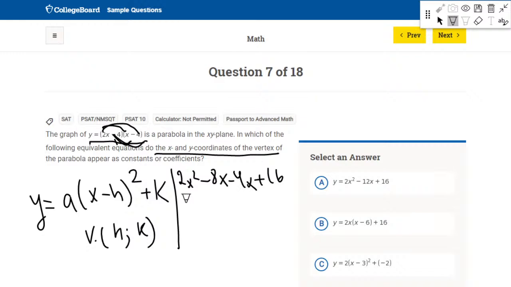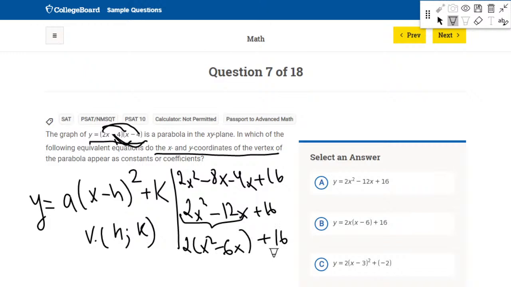So we get 2x squared minus 12x plus 16. So I see this, so I will write it like 2 multiplied by x squared minus 6x plus 16.